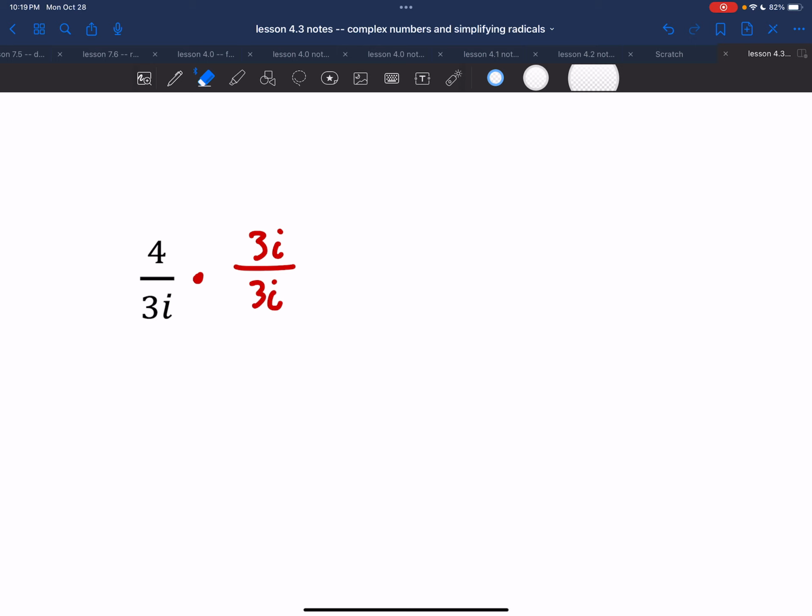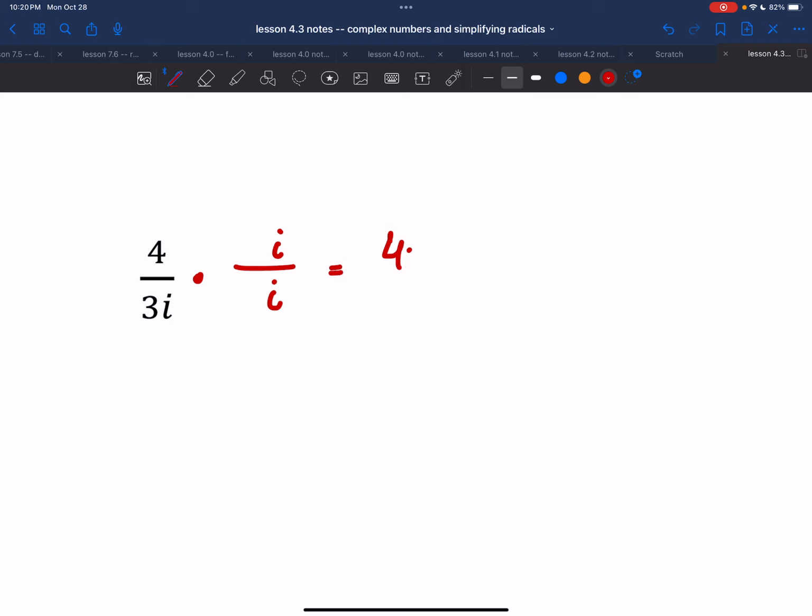So I don't really need those. And in fact, the 3's really aren't doing anything either, right? 3 over 3 is just 1, and that's not going to get rid of i. So you could just multiply by i over i, and watch what happens.